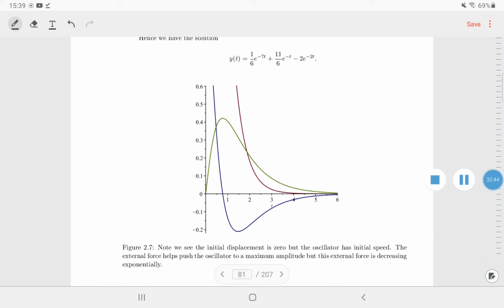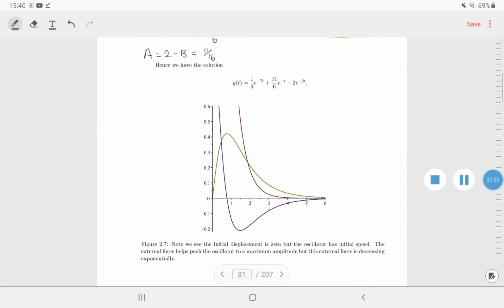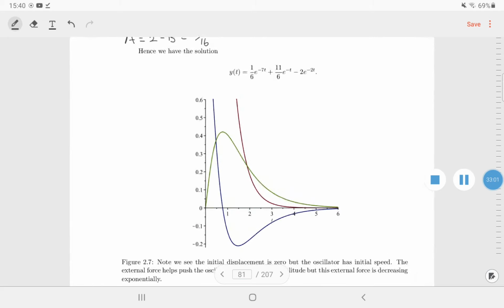There's a few things plotted here. It's hard to say which is which. Okay, the red one is the external force because it's an exponential decay.